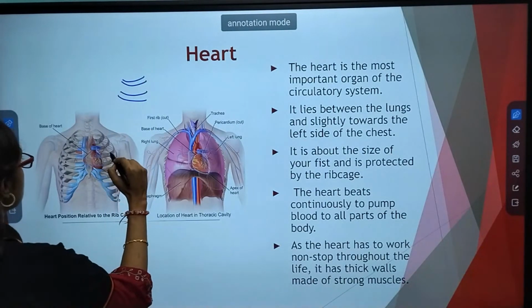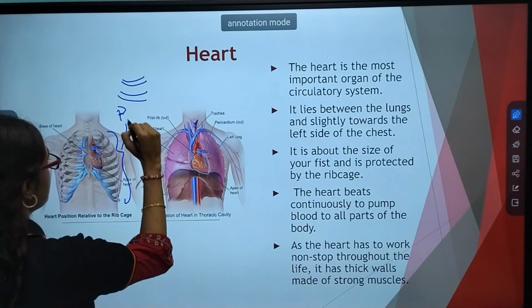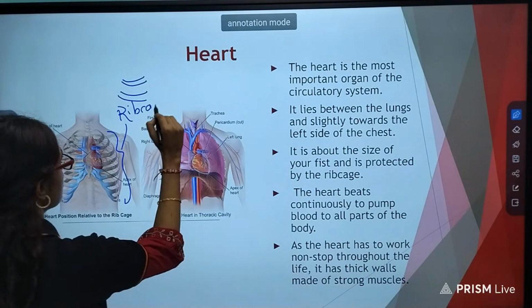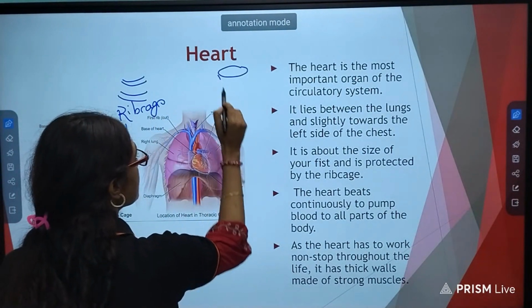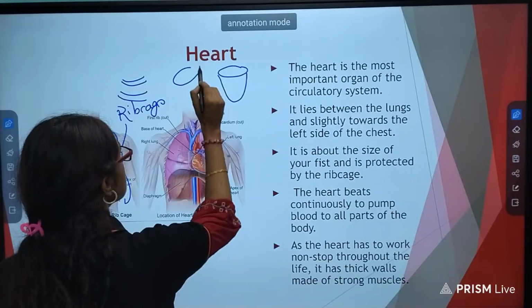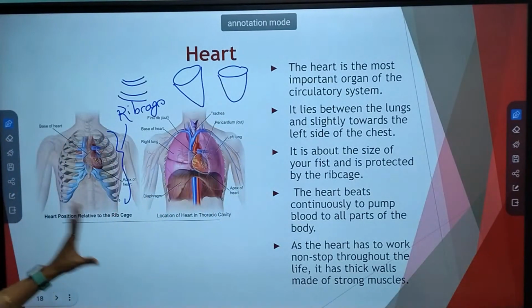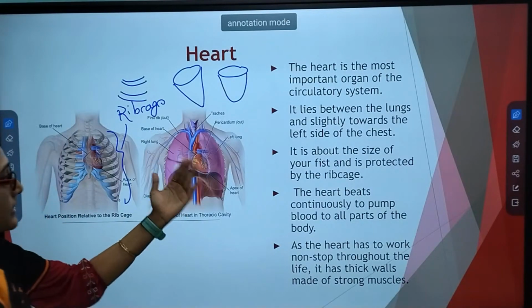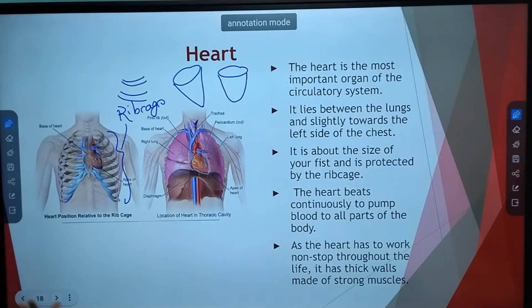This is the rib cage. And I have told you the heart is of conical shape, but this conical shape is slightly tilted towards the left. Okay, and it is located above the lungs and behind the rib cage.